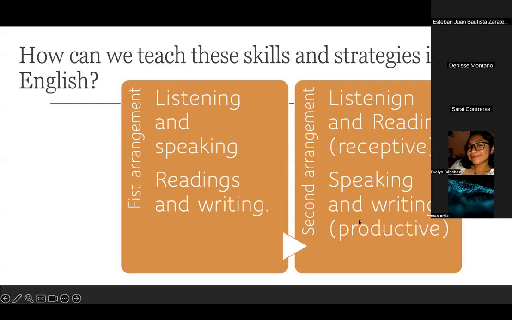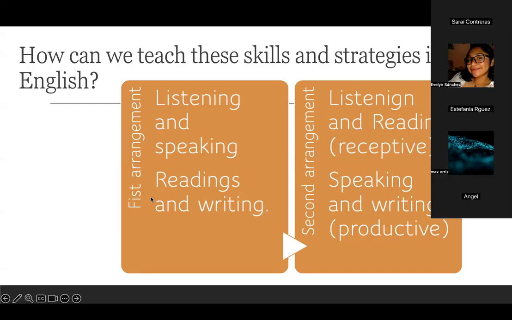In contrast, speaking and writing are considered productive skills, and mainly the titles of receptive and productive are thanks to how the speaker or the listener receives information and produces information. So in this case, students are going to receive information by listening or by reading.